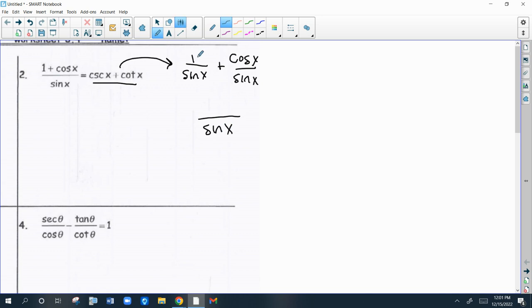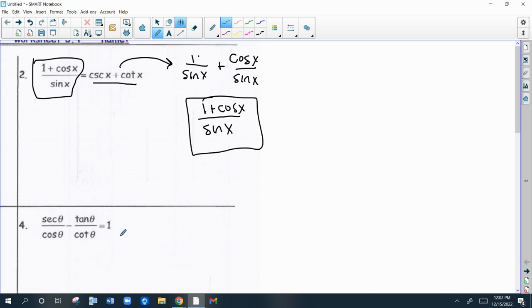So I have 1 plus cosine over the common denominator, and I'm done because I just made this side look exactly like this side. So that was a lot easier than it looked like it could have been. And that's what happens a lot on these problems. And when all else fails, always try changing into sines and cosines.